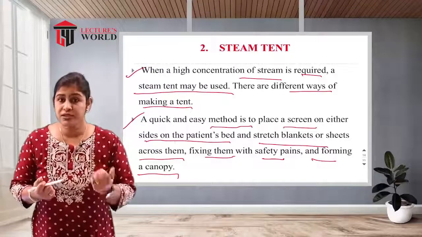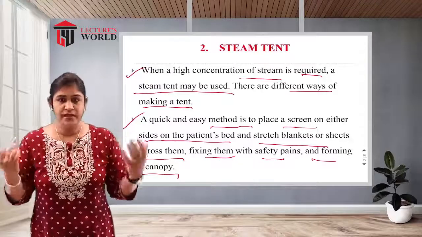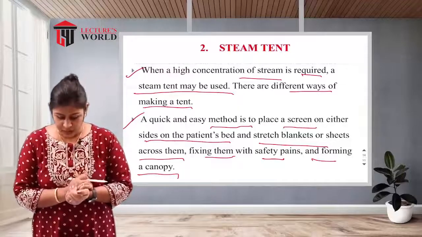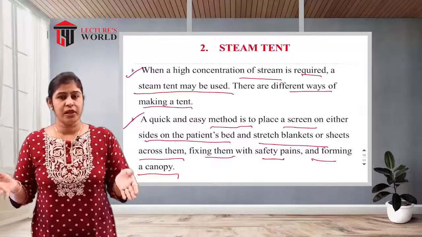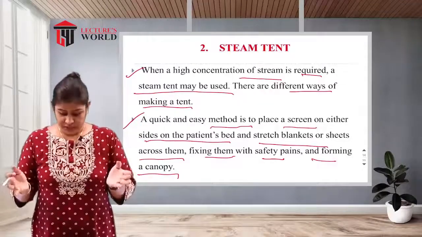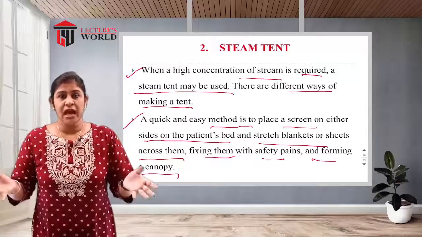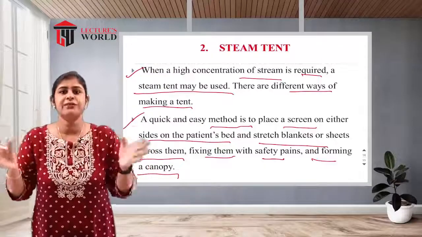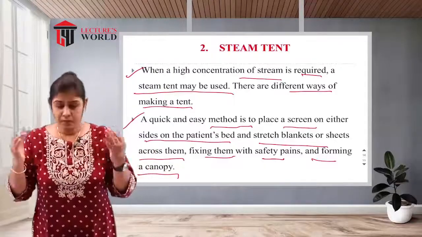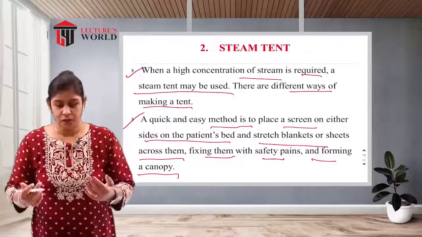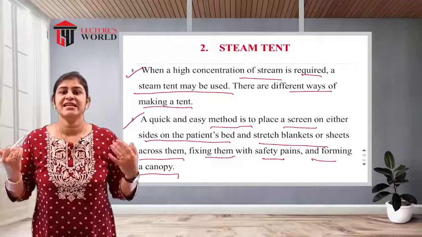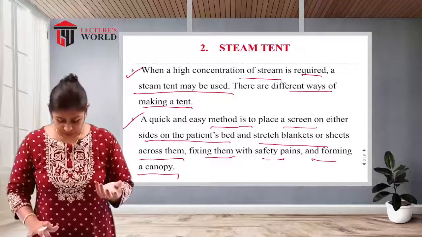Now, how do we use the steam tent method? You place a screen on either side of the patient, stretch the blanket or the sheet, and fix them with a safety pin, forming a canopy. This we call the steam tent method.